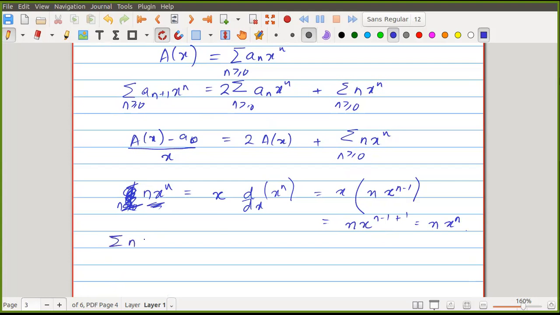We write this summation n xn, n greater than or equal to 0 as summation x d dx of x raised to n, n greater than or equal to 0. But this x is independent of n now, so this can be taken out of the summation, right? And so is this. Let me take all of it out at once.